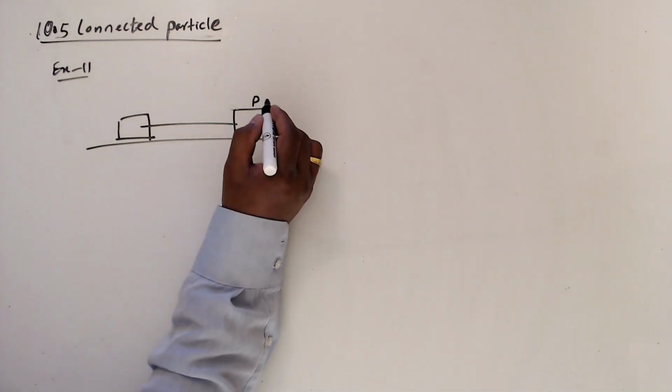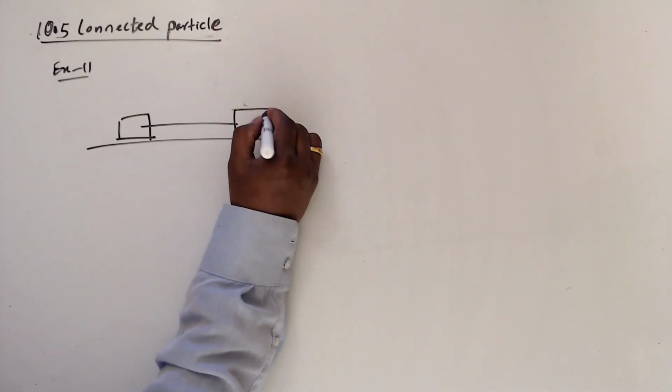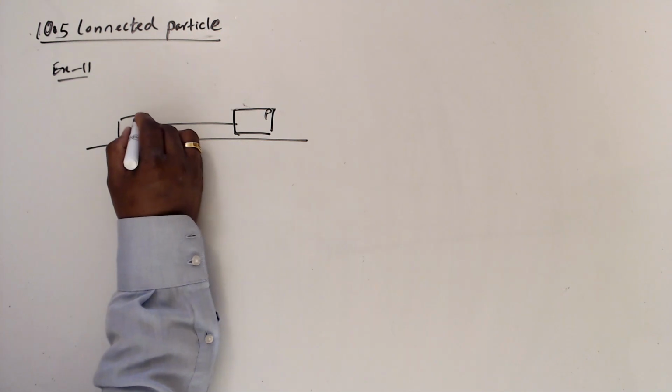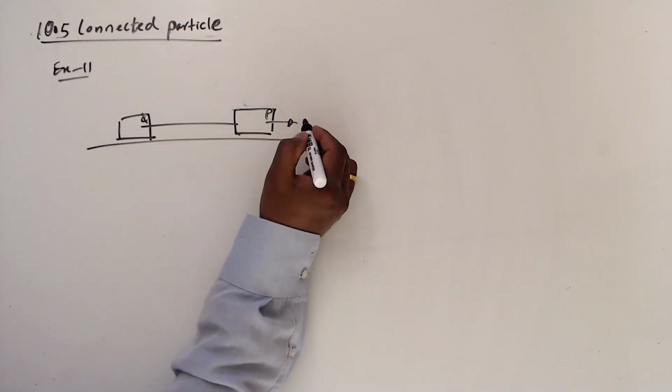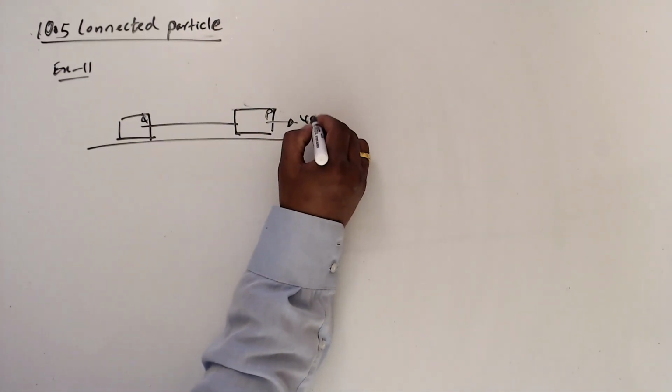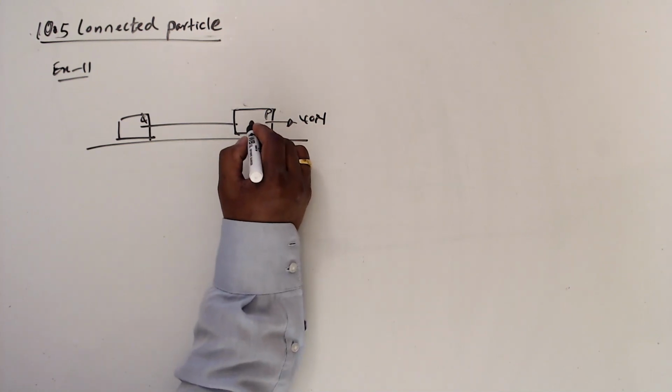So this is P and this is Q, and this is pulled by 40 Newton, and this is 5 kg.